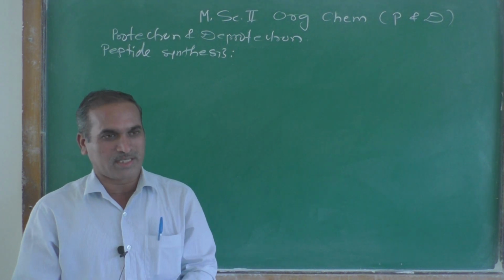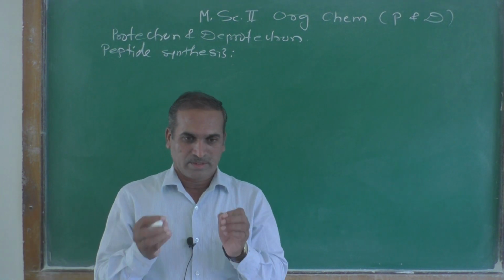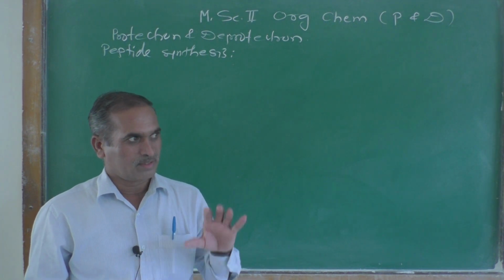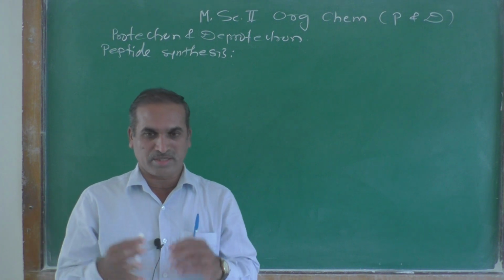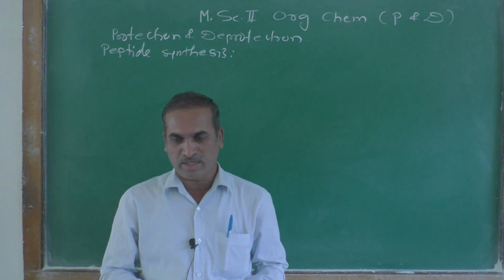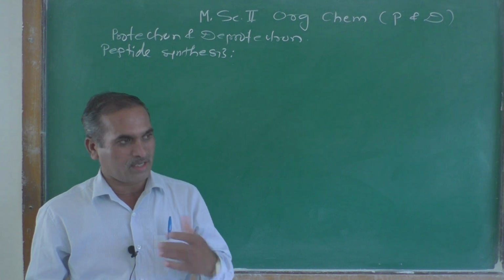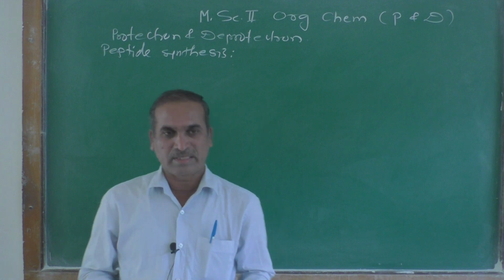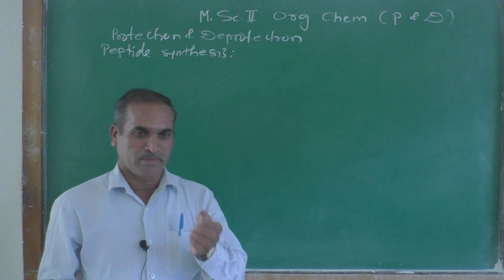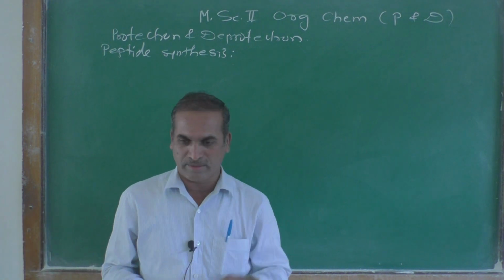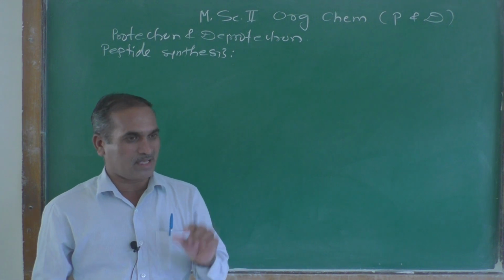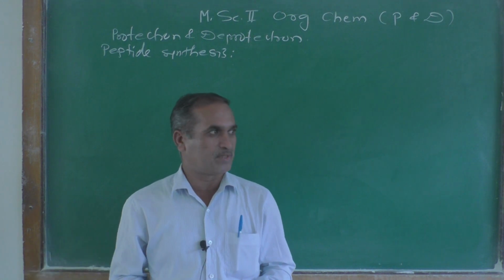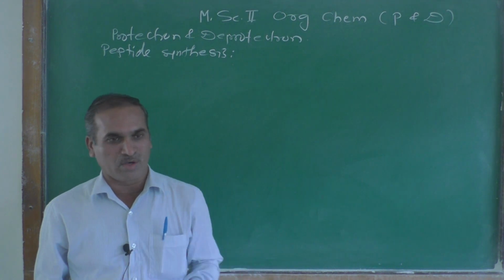So what did we discuss yesterday? Yesterday we discussed alpha amino acids, how they are naturally present, and how peptide synthesis is carried out by using the alpha amino acids. Except glycine, which is an achiral carbon atom, the rest are 20 amino acids.